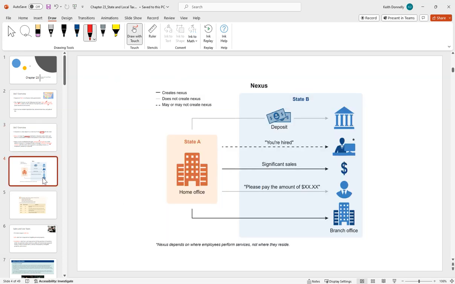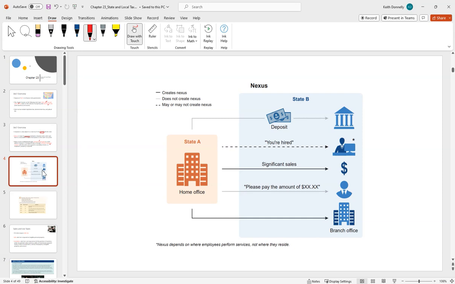So you can see there are different things that create and don't create nexus. It is a facts and circumstances test for certain types of activity. Maybe one sale that's for $1 probably wouldn't create nexus. But if you had hundreds of sales, or you had one sale that was for $10 million, that would.